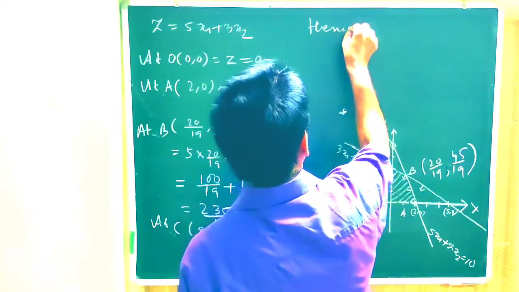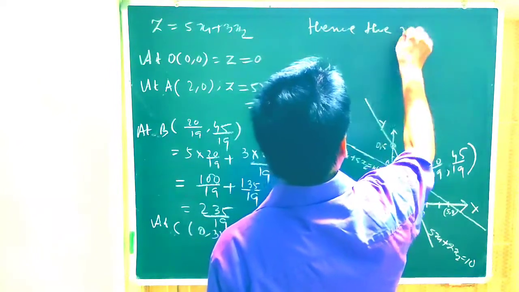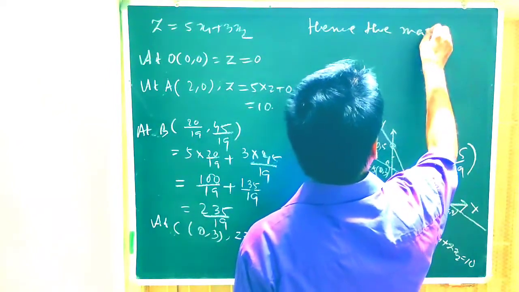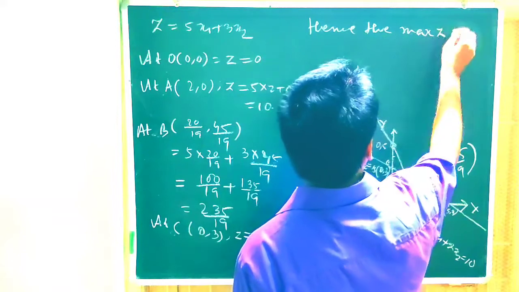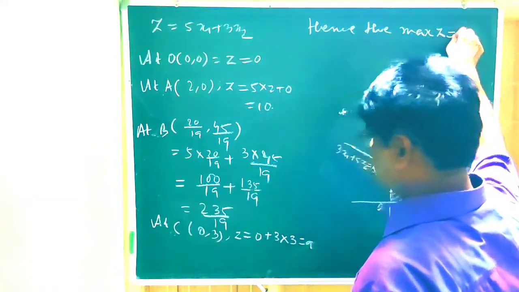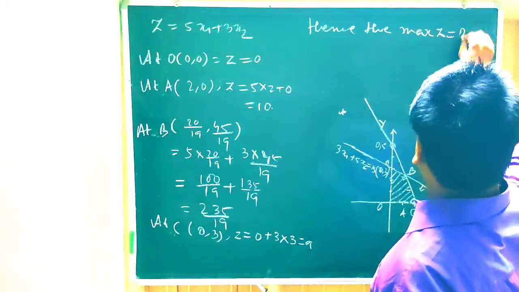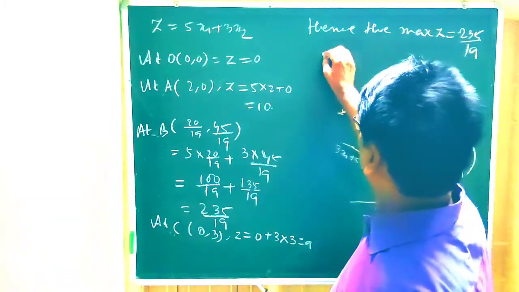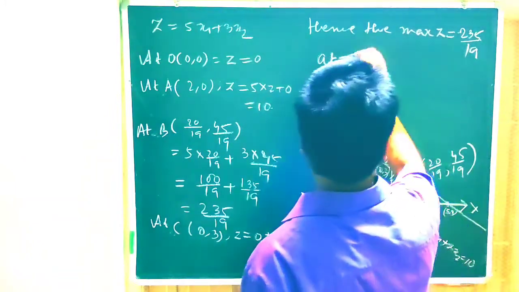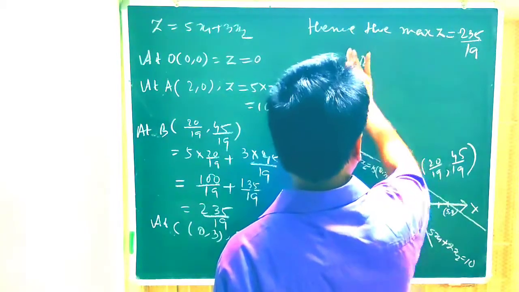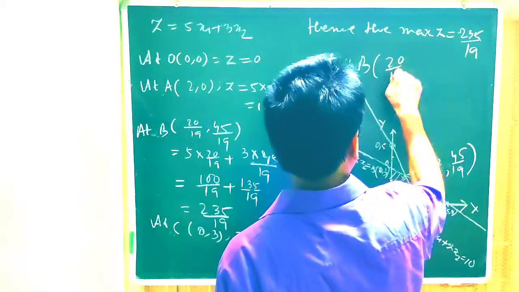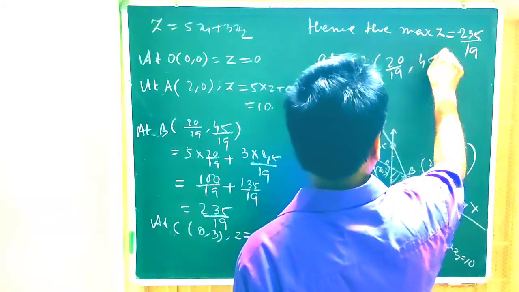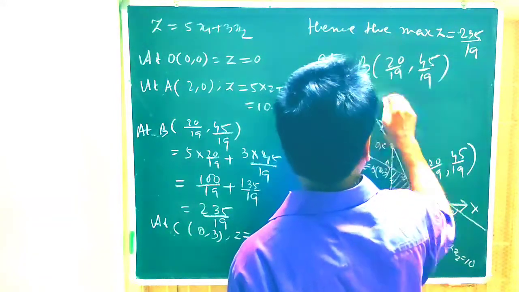Hence, the maximum of Z is equal to 235 by 19 at B of 20 by 19, 45 by 19. Answer.